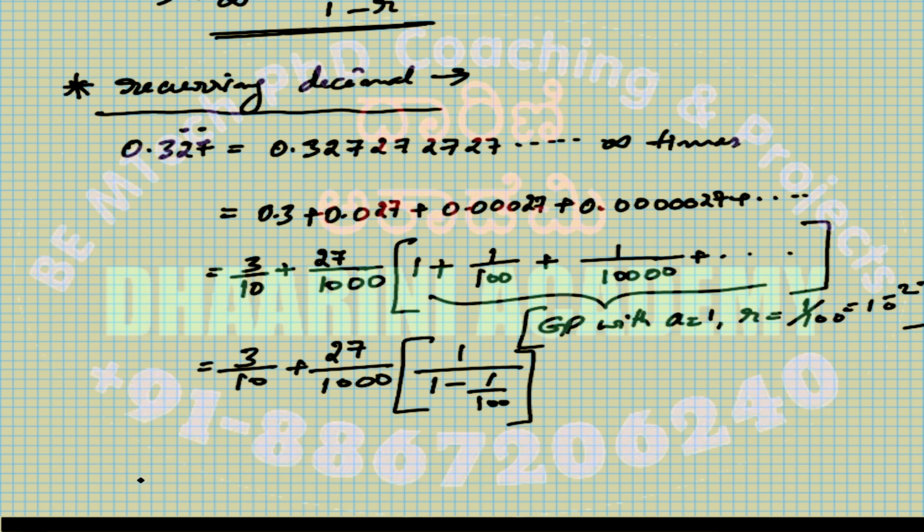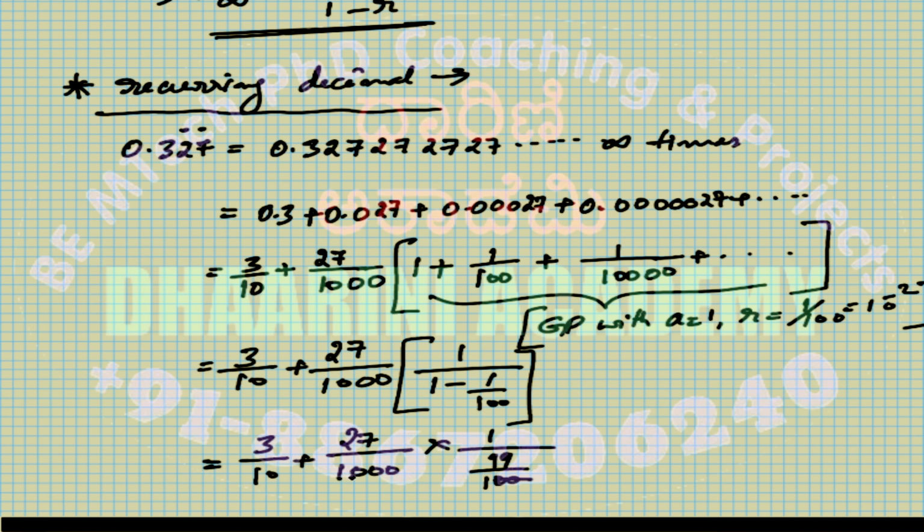So this is equal to 3 by 10 plus 27 by 1000 into 1 divided by 99 divided by 100, since 100 minus 1 is 99.